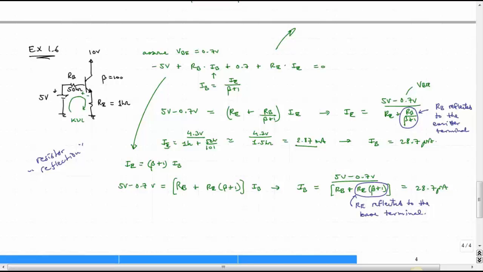What is actually happening is that since the base current and the emitter current are coupled one for one via the term beta plus 1, the voltage generated across the resistors in series with either one of these terminals is also related by this beta plus 1 term.